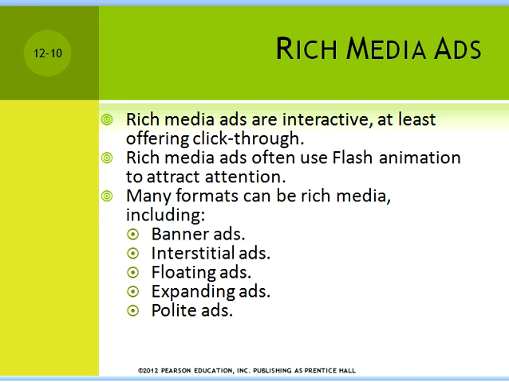As we saw in the previous slide, earlier internet ads were not very advanced. They were just still ads. But rich media ads can include flash animation within the banner ad or interstitial ads, floating ads, etc., in order to create more attention for their products and stand out compared to competitors.